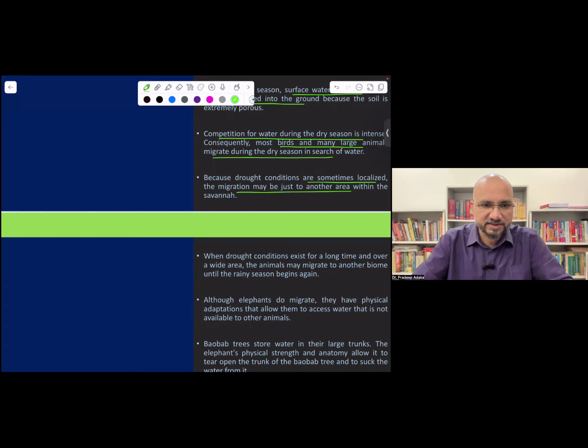So they will not leave the savanna biome. Localized means within the savanna biome, within the grassland. They will not move to forest. Where there is a small pond or lake available, they will move to that place where plenty of vegetation is there. That is localized. They will not move to forest.